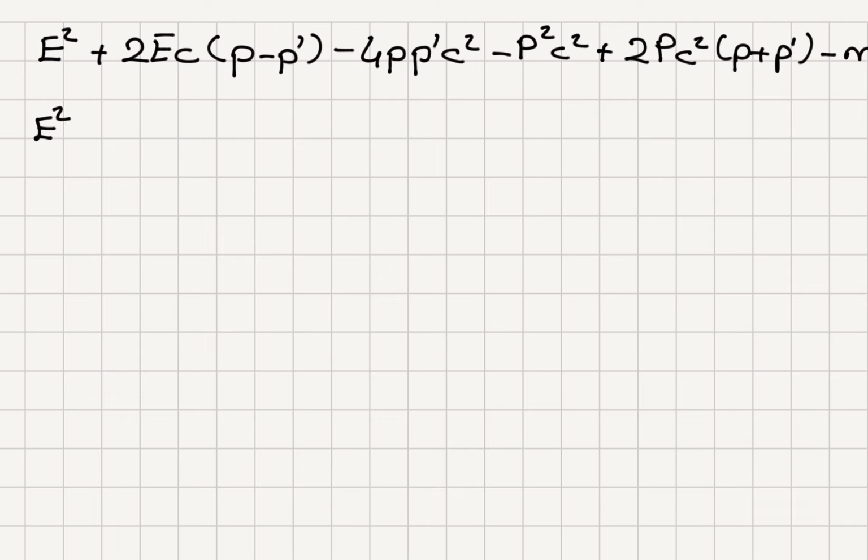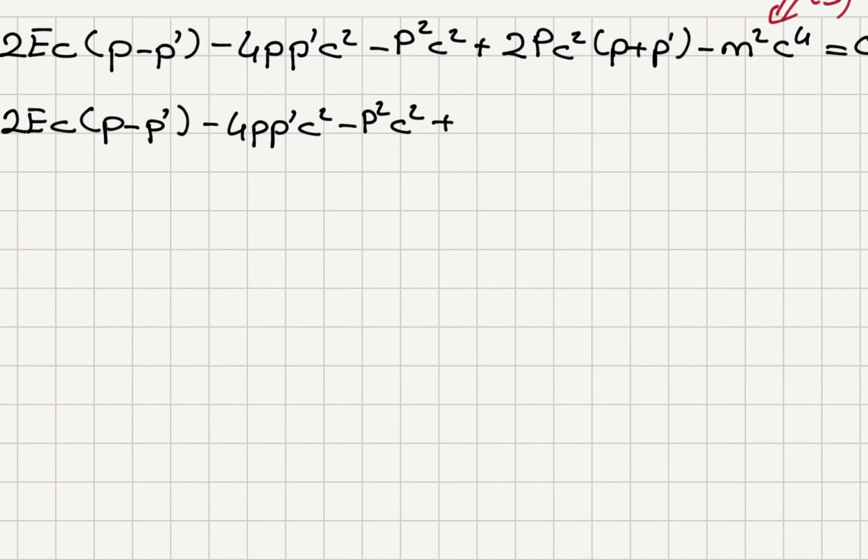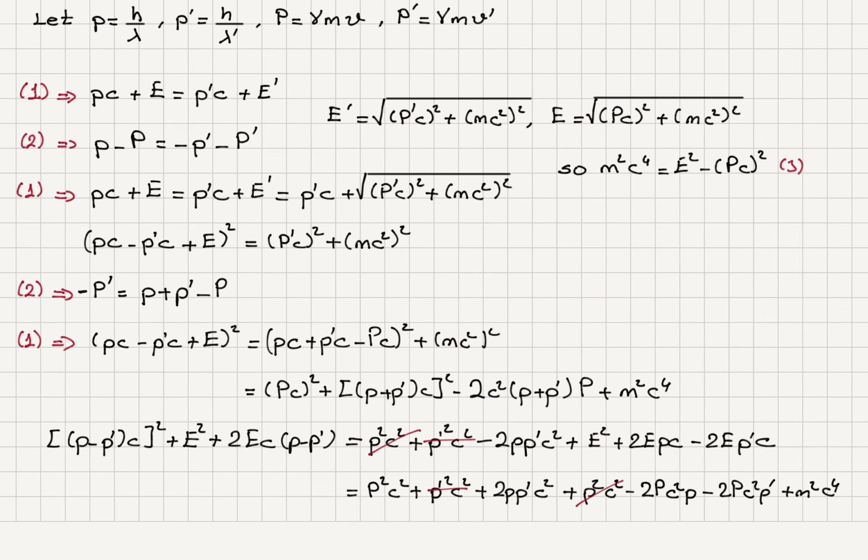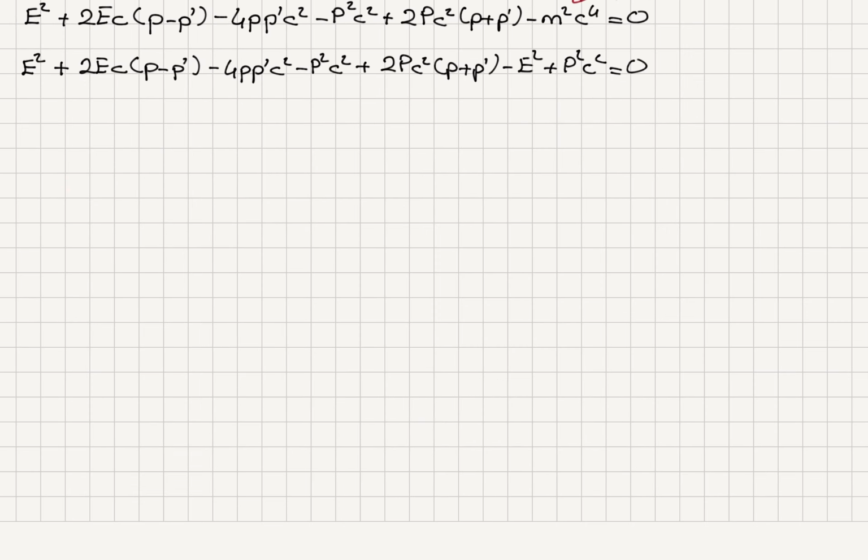Capital E squared plus 2 capital E c (p minus p prime) minus 4p p prime c squared minus capital P squared c squared plus 2 capital P c squared (p plus p prime) minus capital E squared plus p squared c squared is equal to 0. So that's basically what I had here in equation 3.